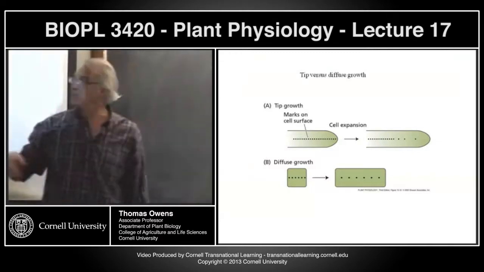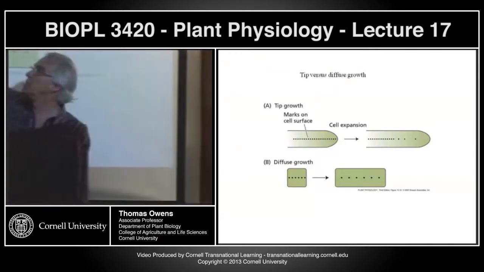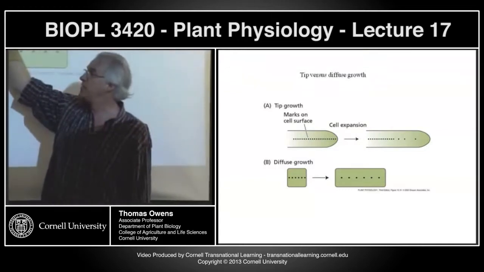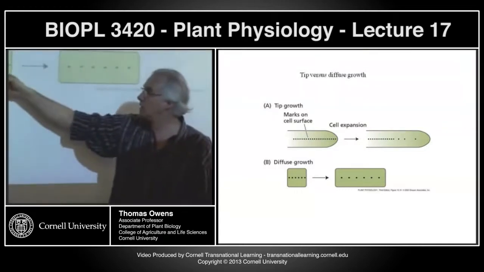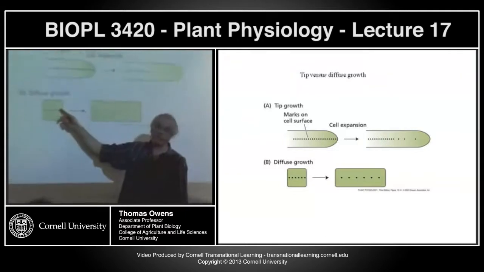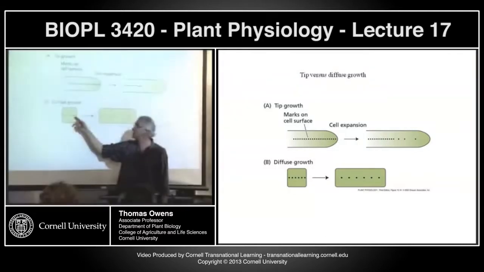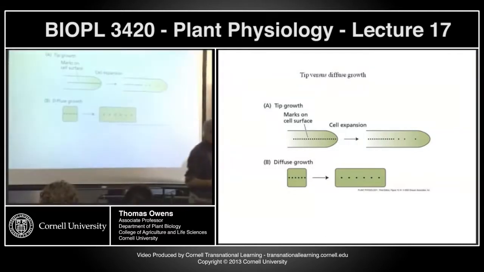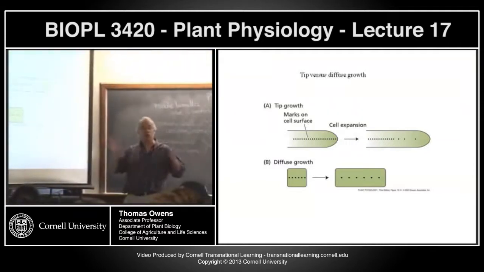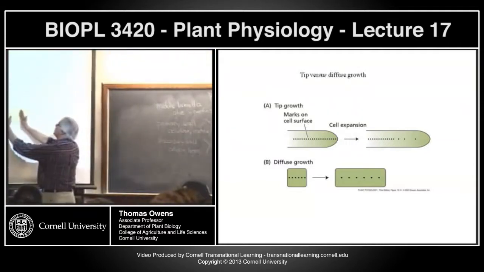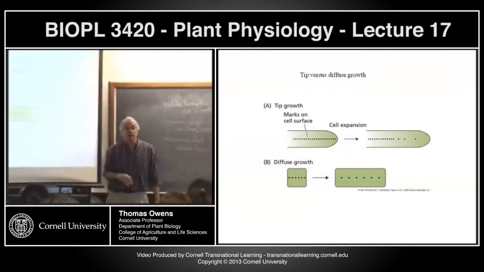So, you know, the simple experiment where you put a bunch of dots along a cell like this that are evenly spaced. If it is diffuse growth, if it's growth that's happening over the whole surface of the cell, all of these dots should move apart by the same amount.